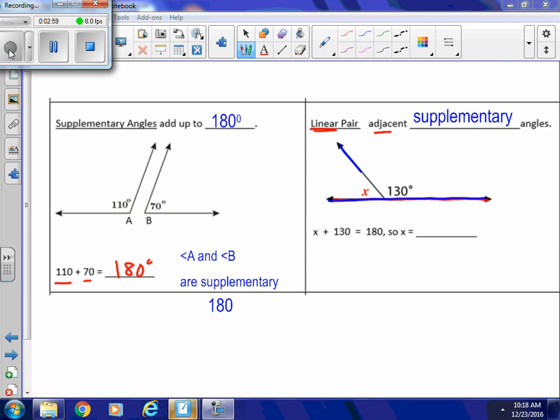Well, if I add an adjacent side, and I've got two angles now, I know that together they need to add up to 180. So x plus 130 adds up to 180. Then I can do the math in my head. X needs to be 50 degrees because 50 plus 130 equals 180.